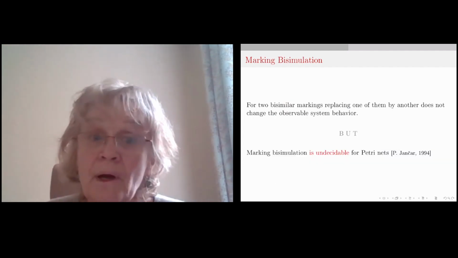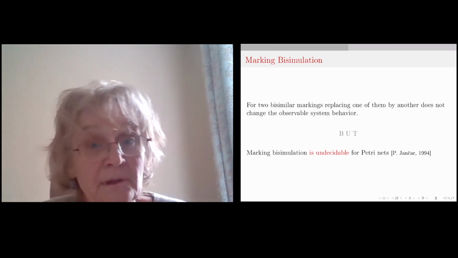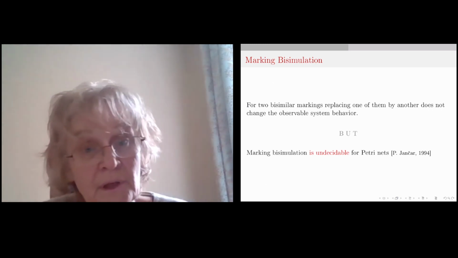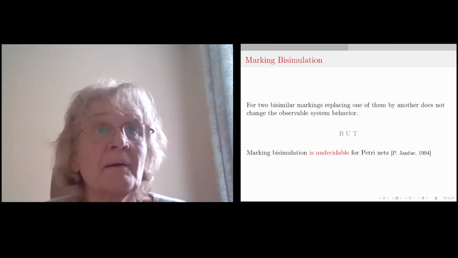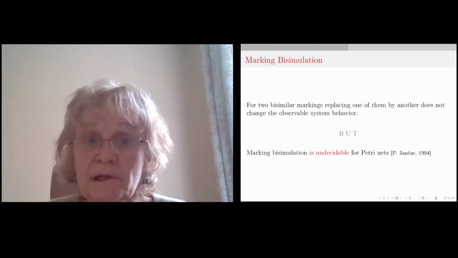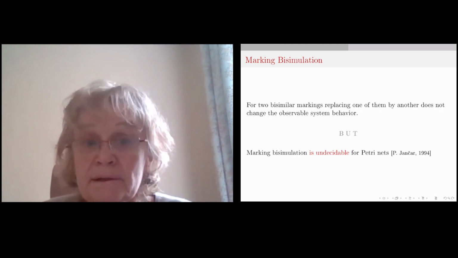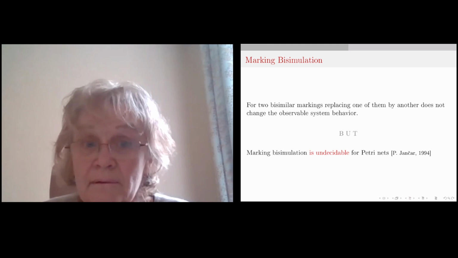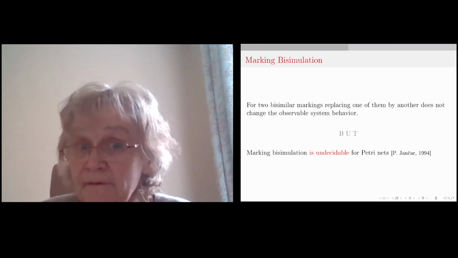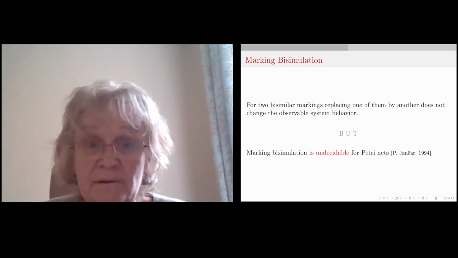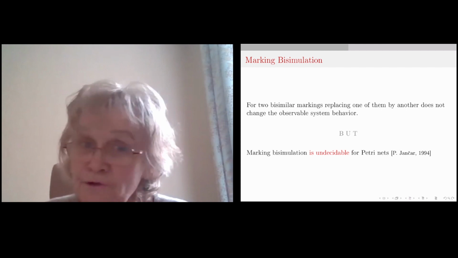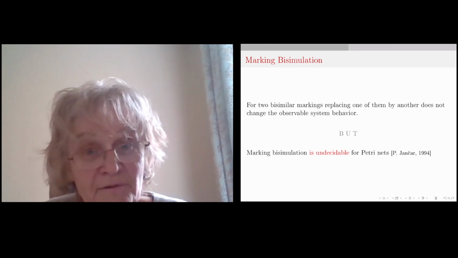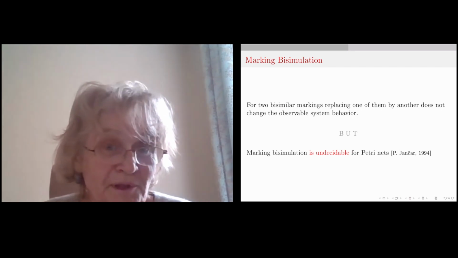We can, of course, study bisimulation equivalence for Petri nets. States are markings, so it is marking bisimulation. It is a very important notion, but classical Petri nets are not a Turing-powerful model, and many problems are decidable for Petri nets, for instance reachability.